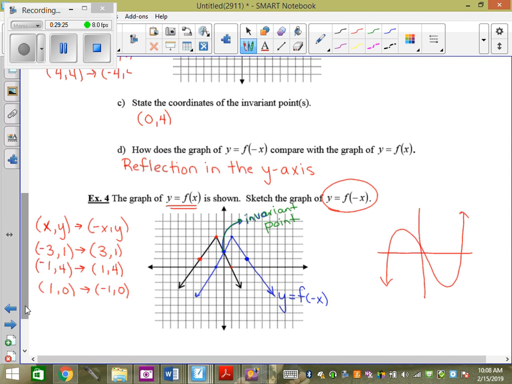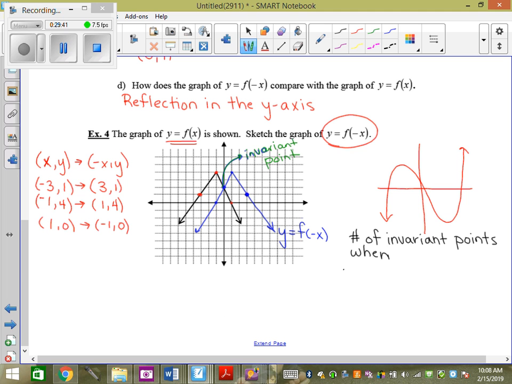So I could give you this as a diploma question. And I say to you, determine the number of invariant points. And I'm going to label this y equals f of x. So when y equals negative f of x, the only thing I'm doing is reflecting in the what?